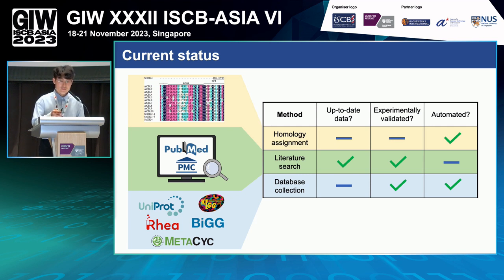The information retrieved from the literature can be validated experimentally and is up-to-date, but manually searching the massive amount of data takes a lot of time.